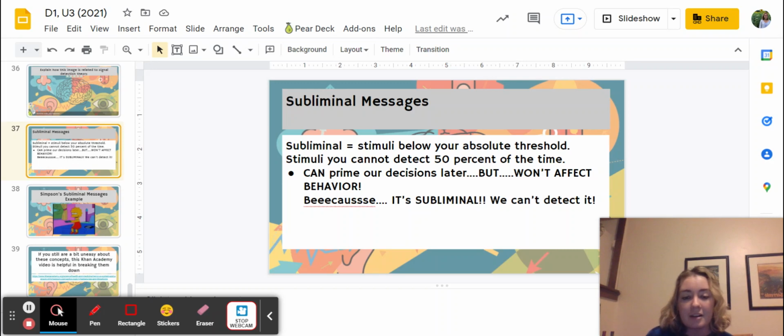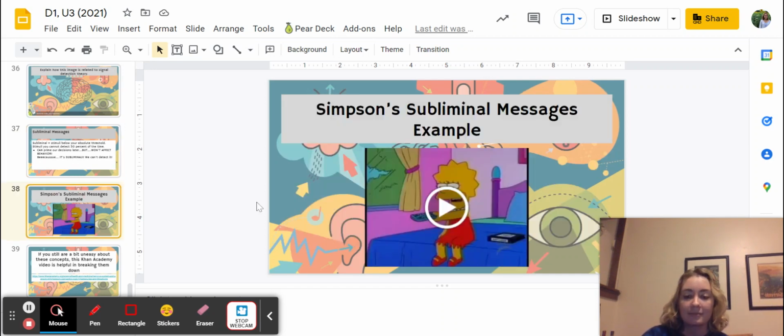Maybe it could prime our decisions for later, and maybe we did pick up something of it and it's in our mind, but it doesn't necessarily affect our behavior because it's subliminal, meaning we can't detect it. It's not in our absolute threshold.